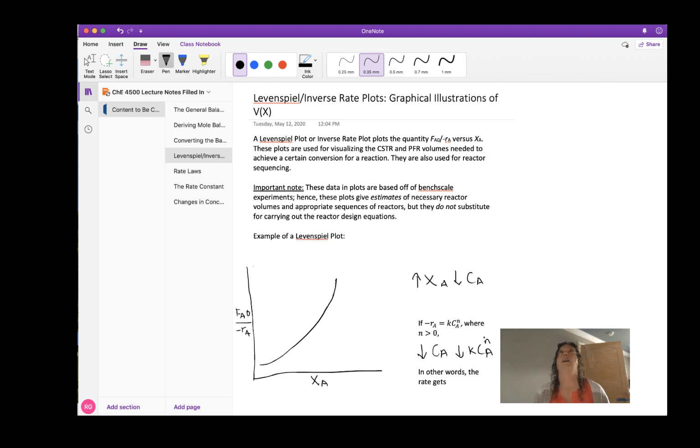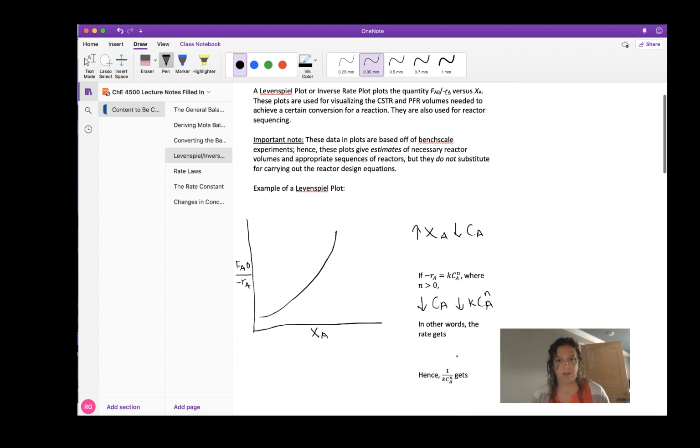The more A that reacts away, the lower the concentration is. The lower the concentration, the smaller the rate. So the rate gets smaller, and hence 1 divided by the rate gets larger. That's why you see this behavior: as conversion goes up, the rate gets smaller, and hence the inverse rate gets larger. That's essentially what is meant by a Levenspiel or inverse rate plot.